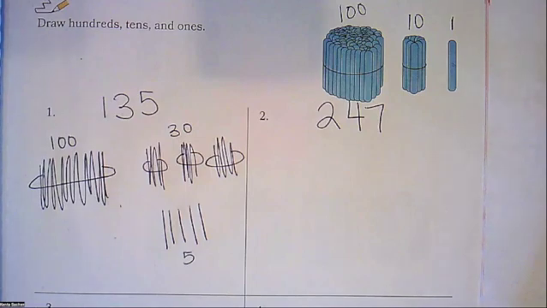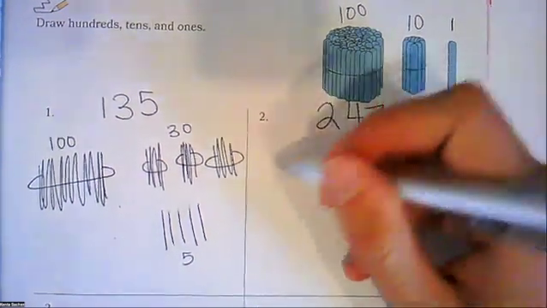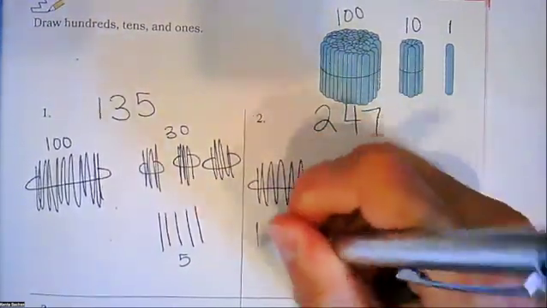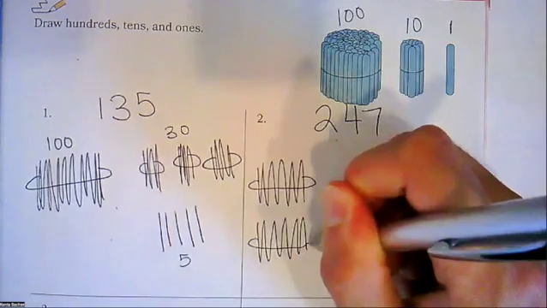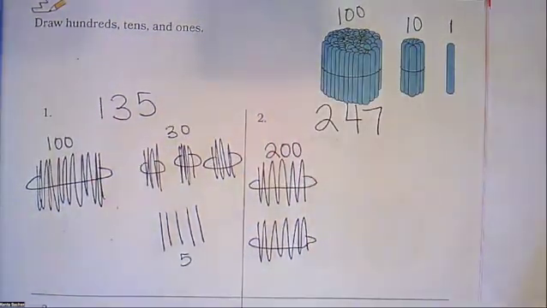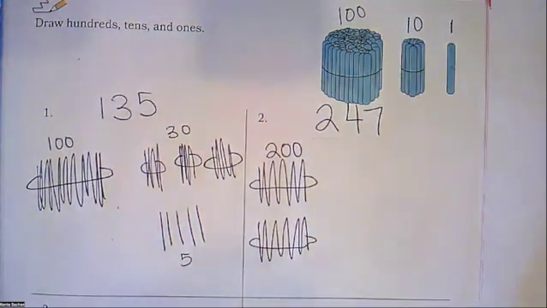Joshua? How many 100s can I use? Yeah, it's 2, right? So let's go ahead and draw 2 big groups. It's going to be 200. Great. How many of the 10 groups do I need? How many 10s do I need for this number?